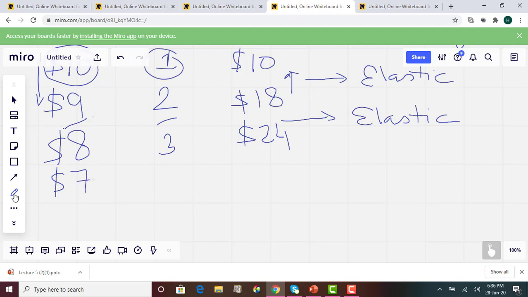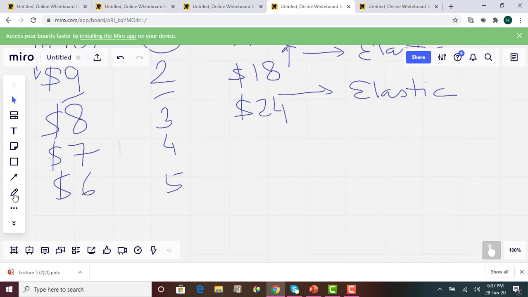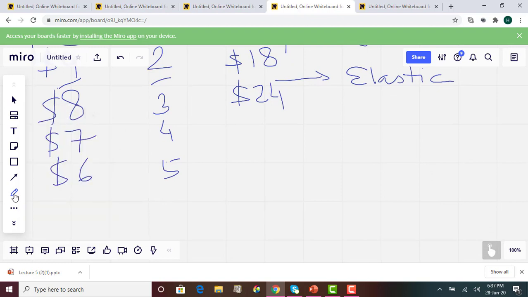Price falls to $7, and then quantity demanded to 4. Then price goes to $6, quantity demanded to 5. Let's keep moving. I'm sorry, I made a mistake.